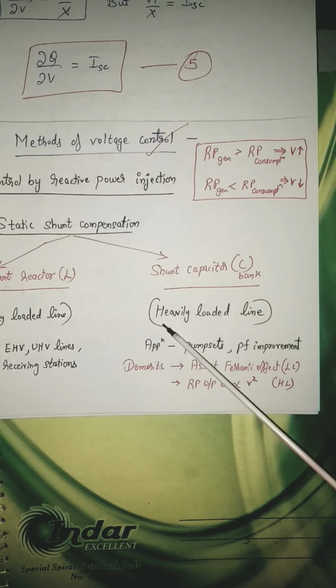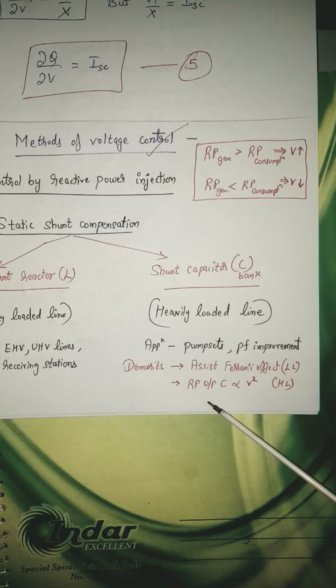So whenever you are having a heavily loaded line, already the voltage has reduced. So obviously, even if you include a capacitor, the reactive power output by a capacitor is proportional to square of voltage. If the voltage is reduced, automatically the reactive power output of the capacitor also will reduce. So you will not be able to boost the voltage to that extent. So this is one demerit.